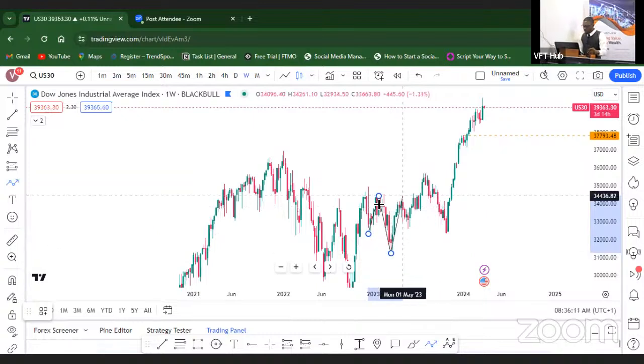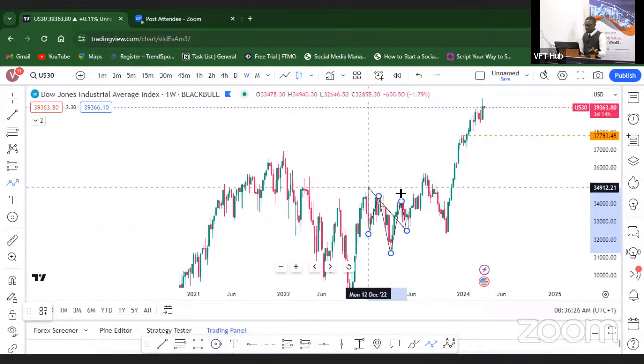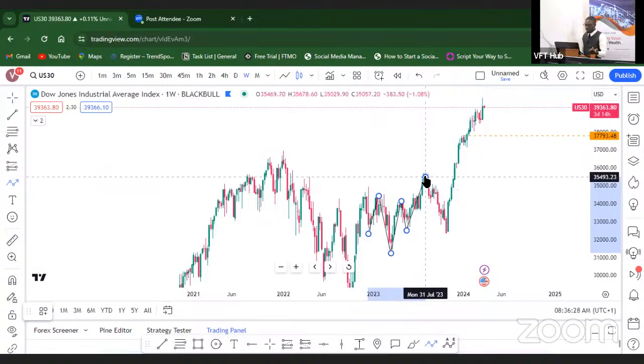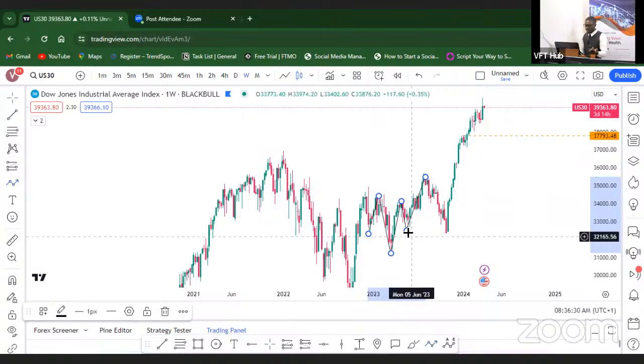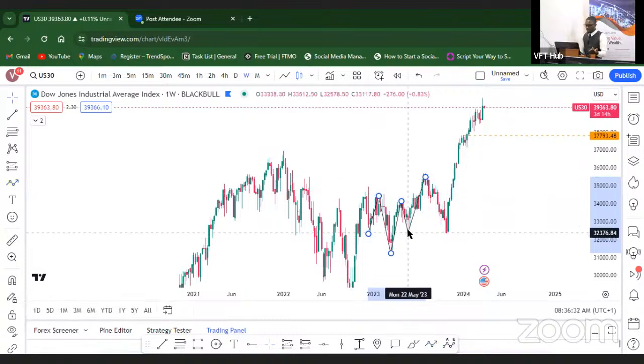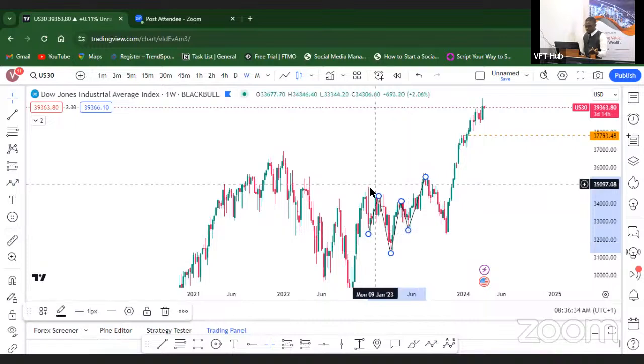Before breaking this level to the upside, the market created a kind of lower high. After creating this lower high, it cleared this whole structure point to form a new higher high, clearing these previous highs, this one, this one, this one.